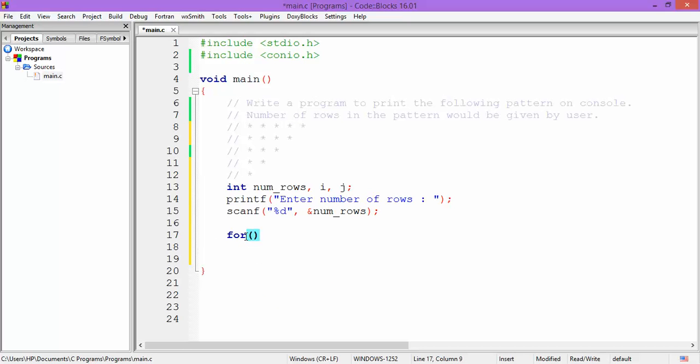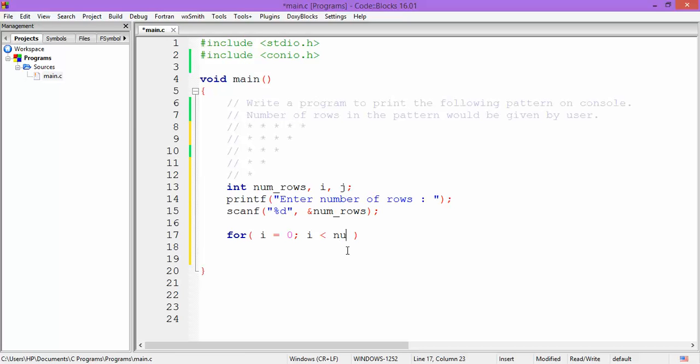So let us write the outer loop, and we would initialize I with 0, because in our study of that pattern we considered the first row as I equals to 0, that is 0th row, right? That would ease our task, and this loop has to run for as many times as there are number of rows in the pattern.